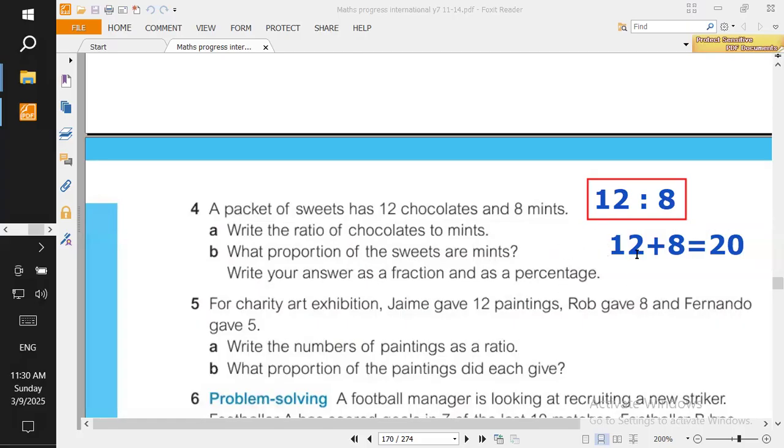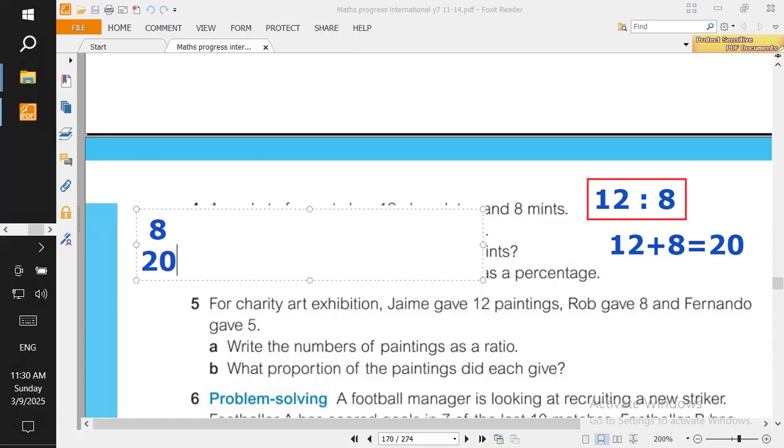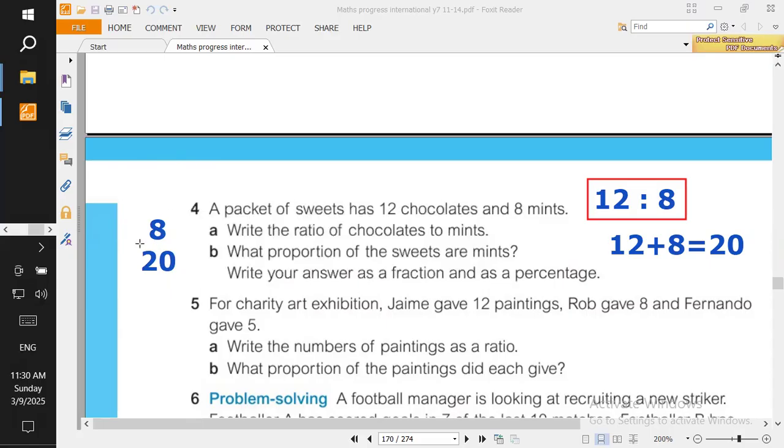Now, to write it as a proportion, I'm sorry, mints are 8, and the total is 20. So to write it as a proportion, it's going to be 8 over 20. So the part number over the total number. This is the proportion of mints out of sweets.